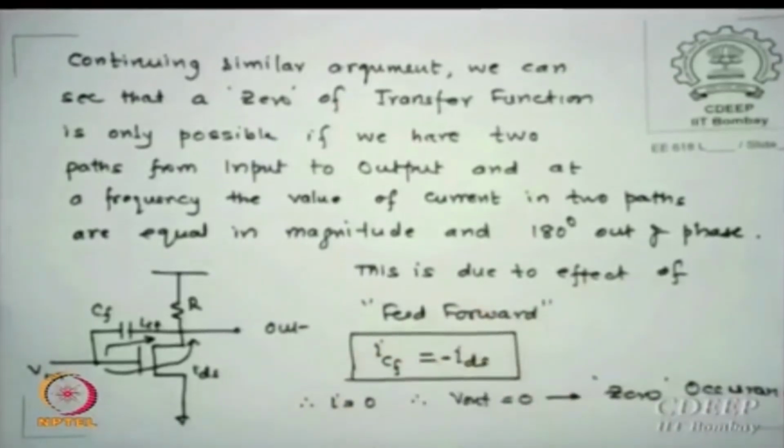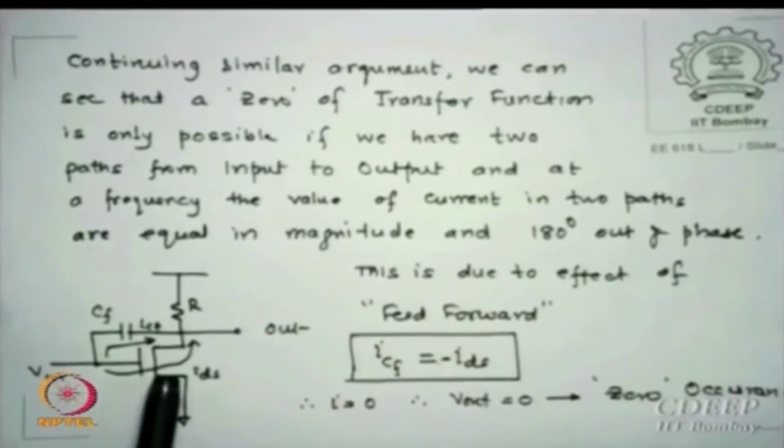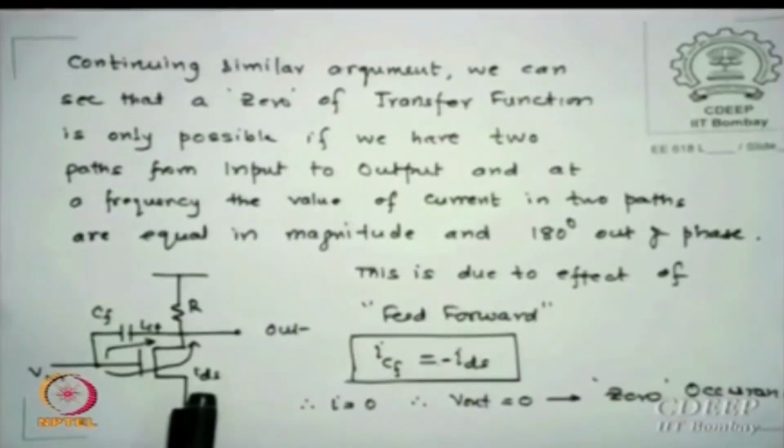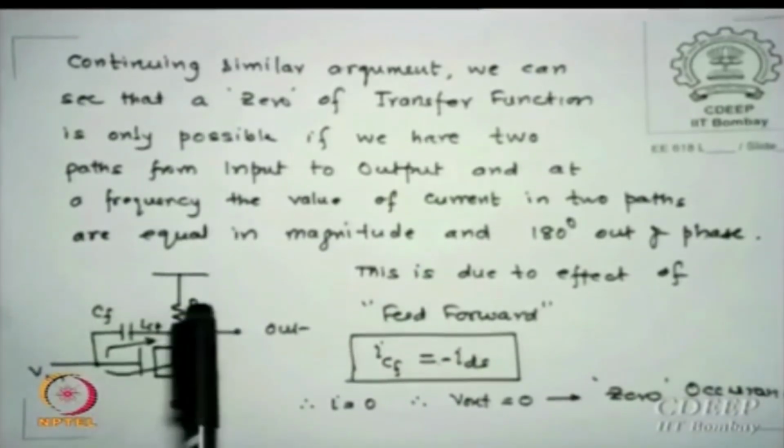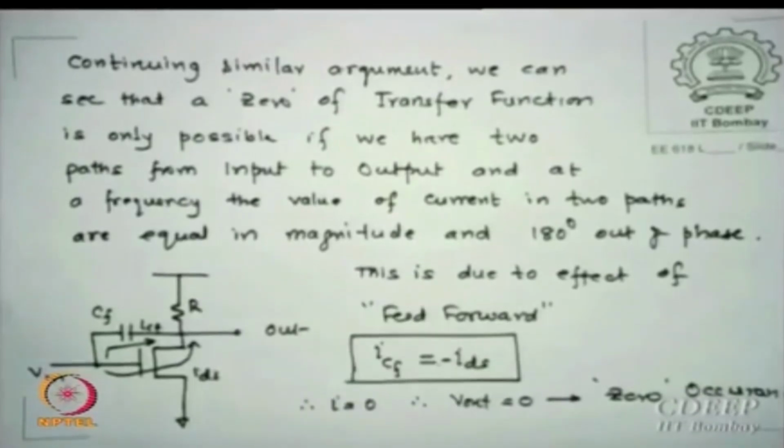Zeros occur because here there is an active device which is giving a phase of 180 degrees, out of phase, and this path is giving 0 phase. If the magnitudes become equal at a given frequency, then only the net current will be 0 and therefore the net voltage will go to 0. This is the principle of a 0. Is that okay? So please remember zeros do not come out of nothing; they come because of the real situation which you see in amplifiers. Is that okay?